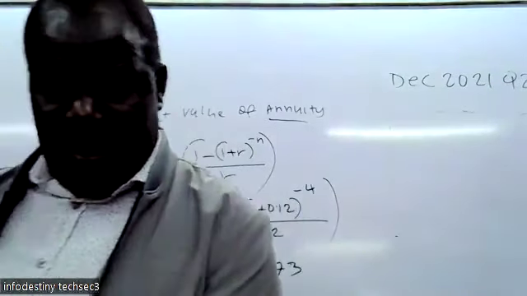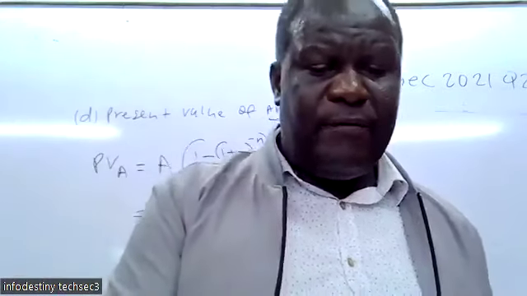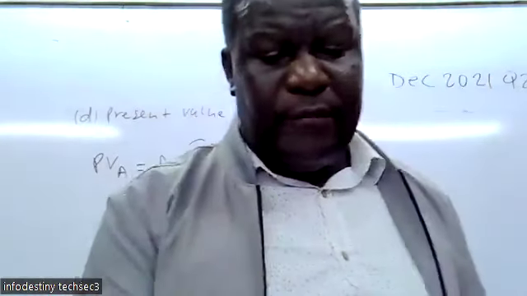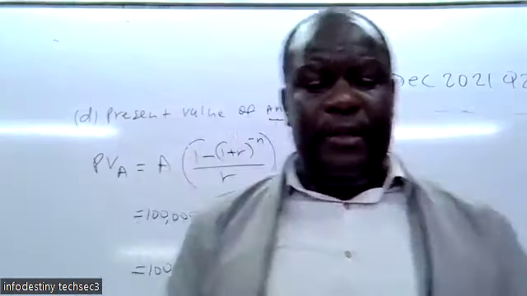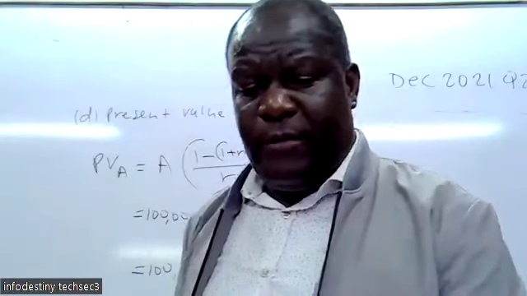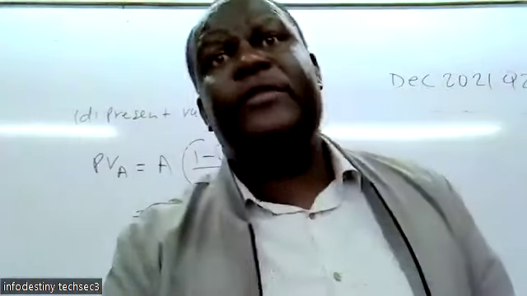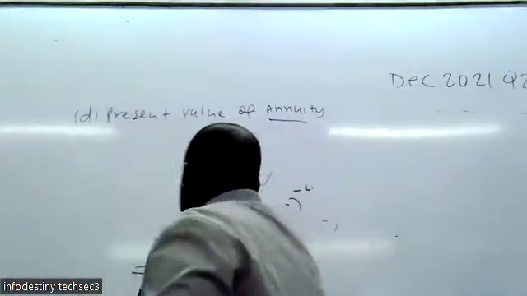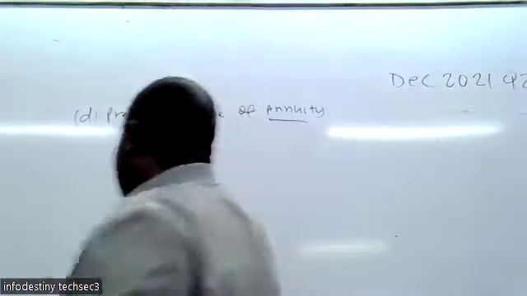So we can add a paragraph by noting that using the present value table of the annuity, the present value of the cash flows will be expressed as follows.